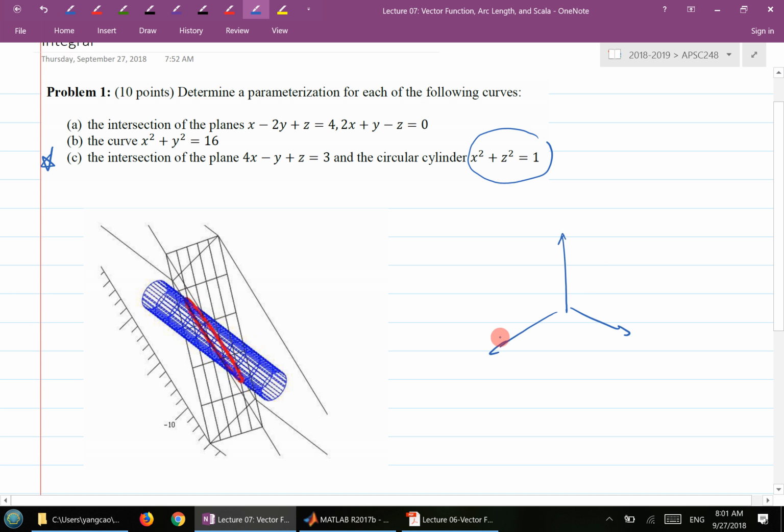Theoretically this is a circle in the X and Z plane with unit radius 1. In 2D space it is a circle, but in 3D space you extend that circle up and down to infinity, and that gives you a cylinder.